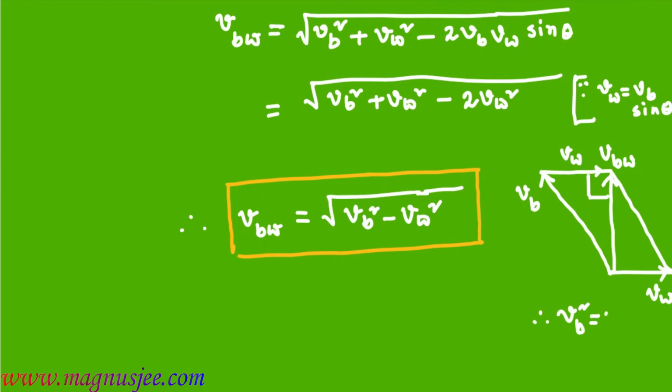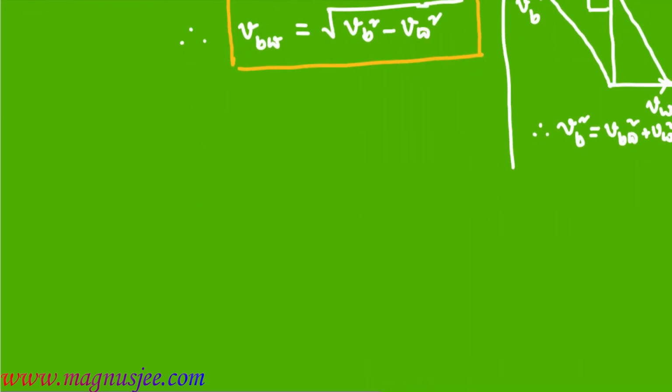So hypotenuse square is equal to perpendicular square plus base square. That means VB square equals VBW square plus VW square. From the right angle triangle ACB, VBW equals root over VB square minus VW square.